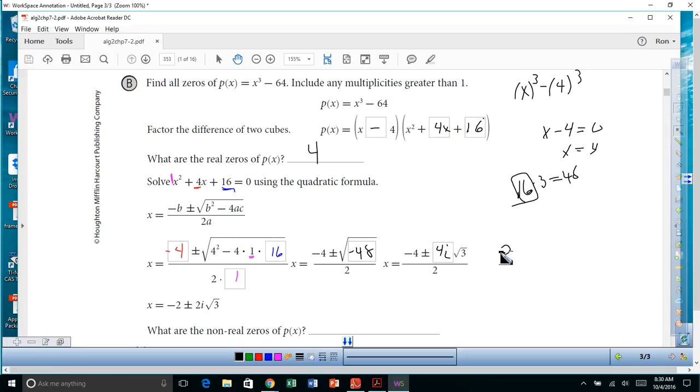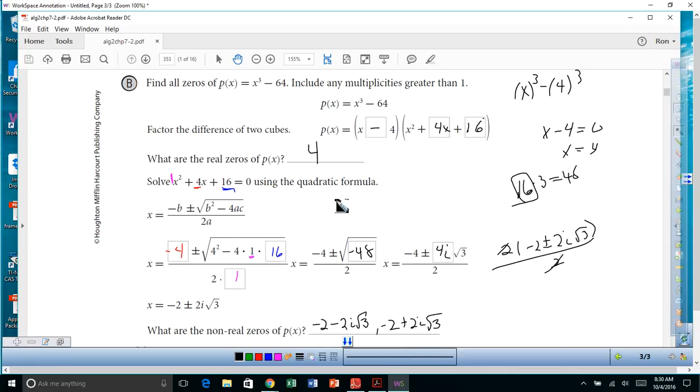So let's take the 2 out. That gives you negative 2 plus or minus 2i times the square root of 3, all over 2. The 2s cancel out. So the non-real zeros of p of x are negative 2 minus 2i times the square root of 3 and negative 2 plus 2i times the square root of 3.